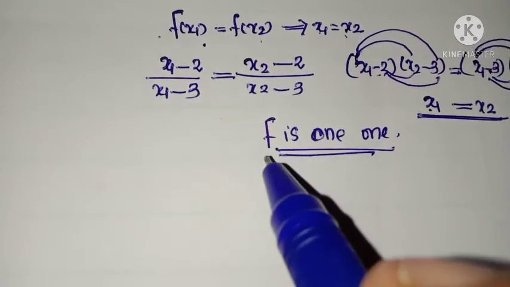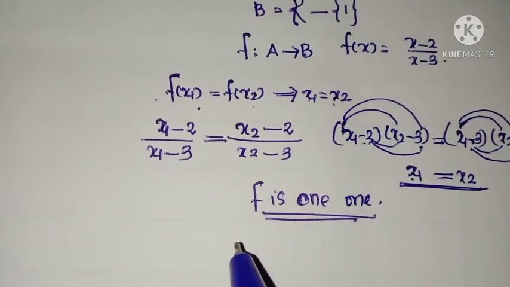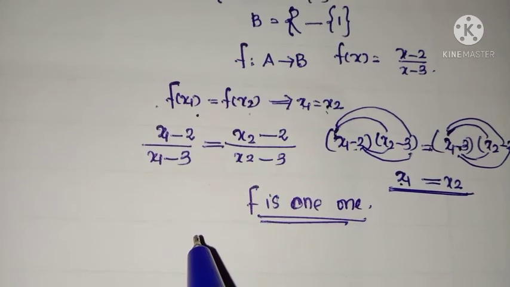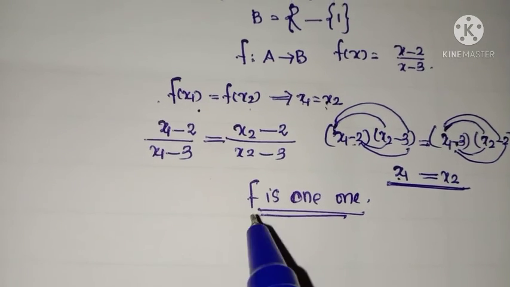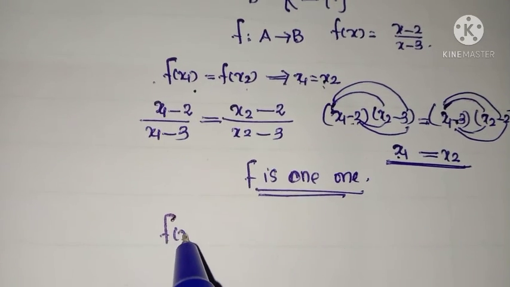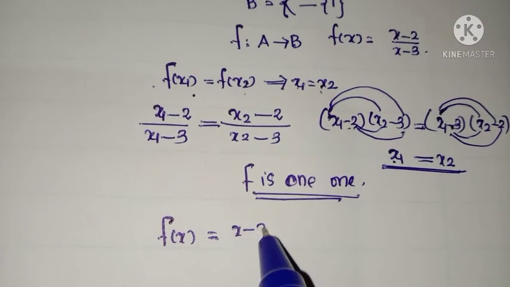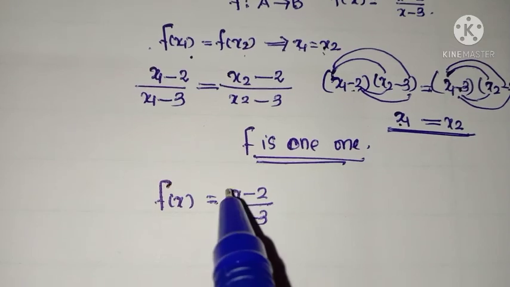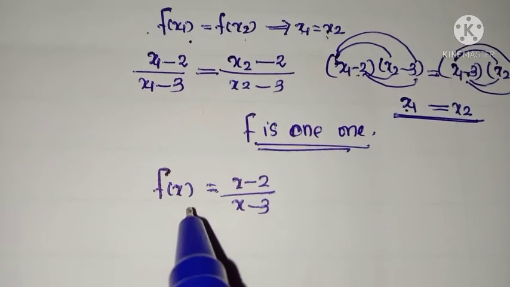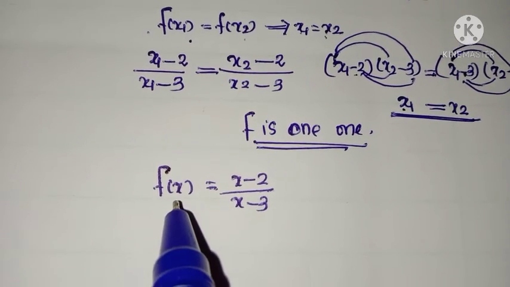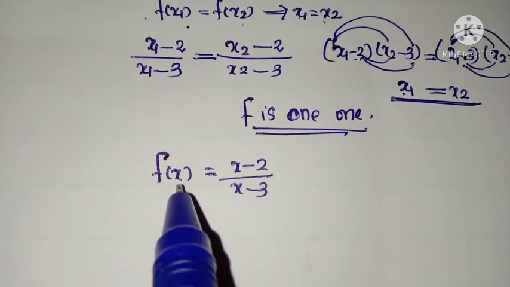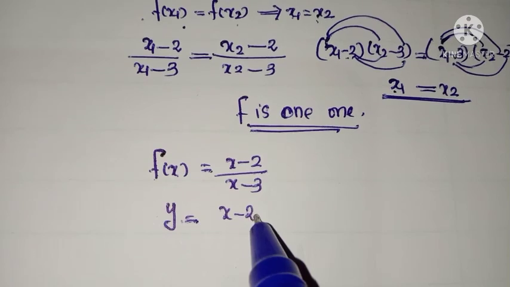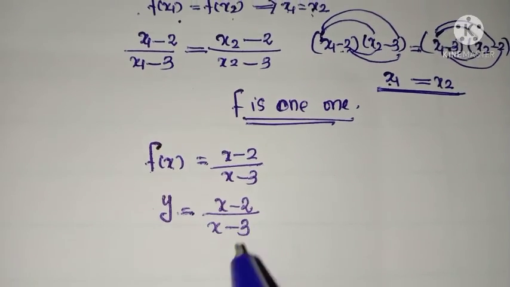Now, to prove onto, here we are going to apply another condition. Please listen. Here the function f of x is x minus 2 by x minus 3. It is a rational function, p by q function. So in this case, just rewrite f of x as y. Y equal to x minus 2 by x minus 3.